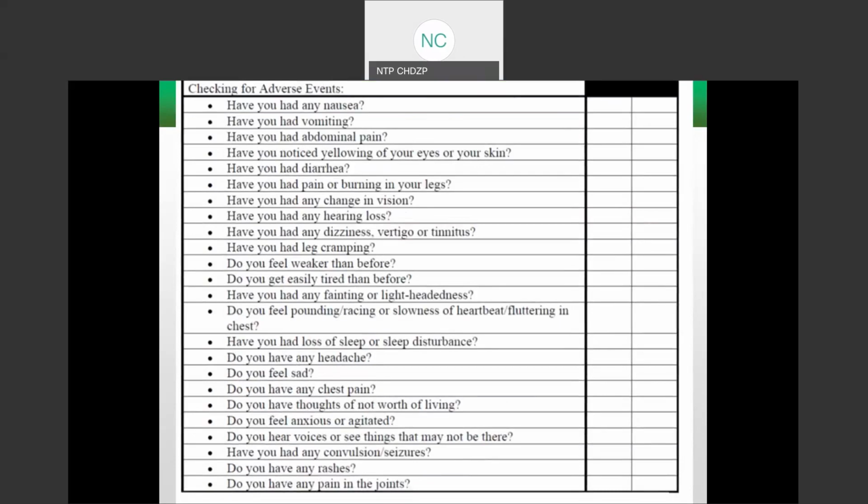Does the patient get easily tired than before? Or does the patient have any fainting or lightheadedness?